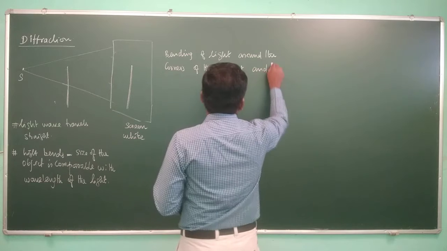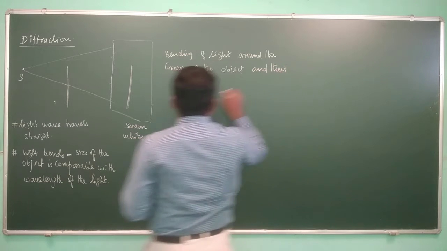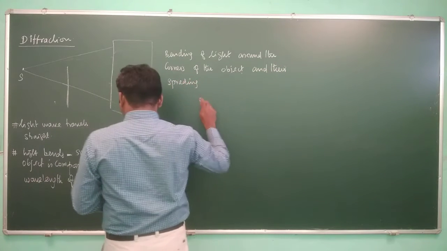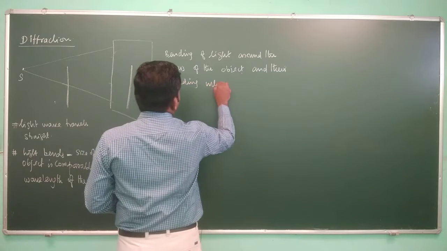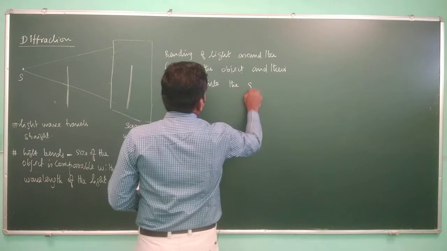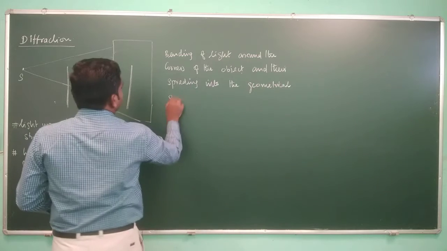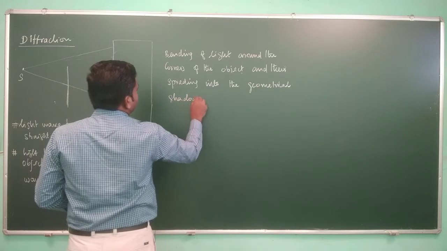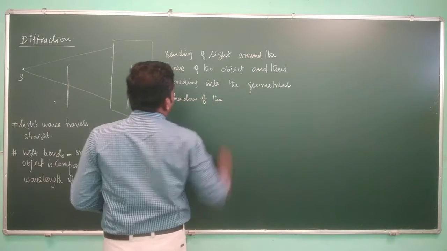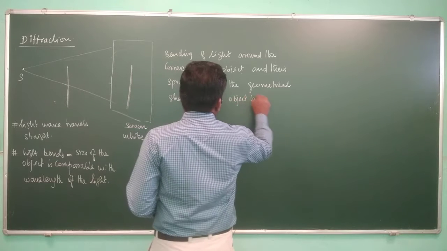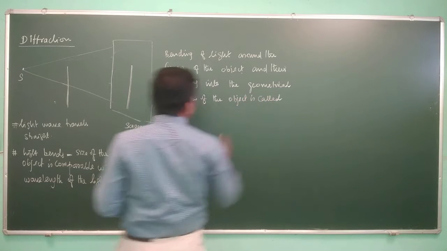and the spread of light into the geometrical shadow of the object is called diffraction.